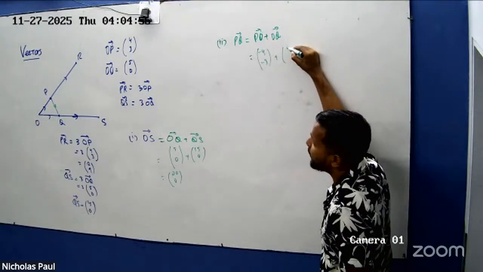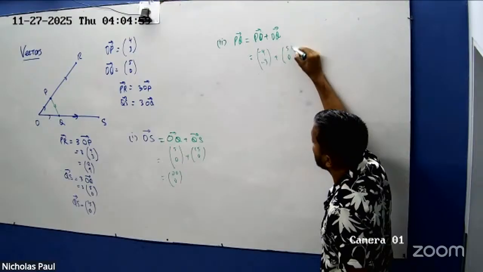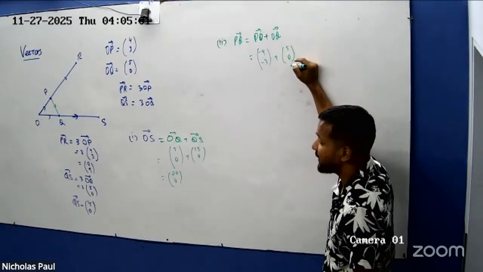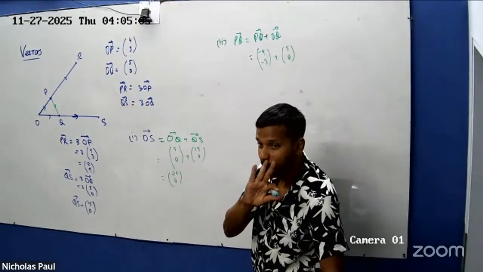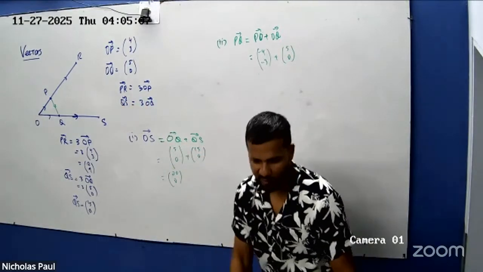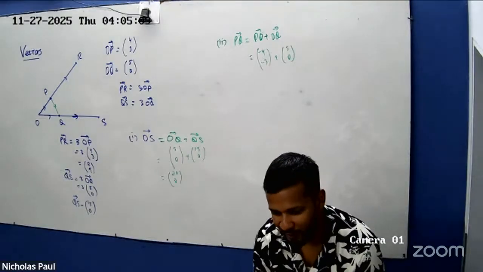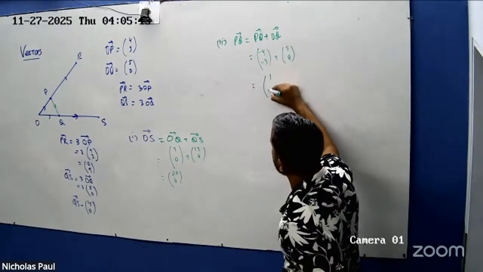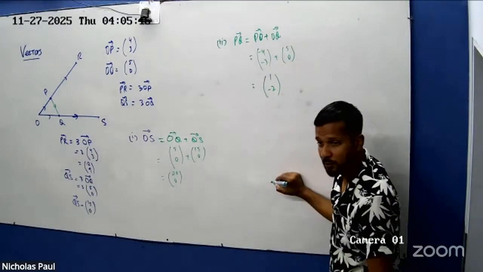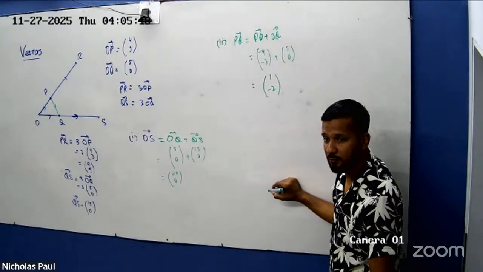And OQ is what? You can have 2 spaces here. So that will be 1 minus 2. Everybody okay with that?